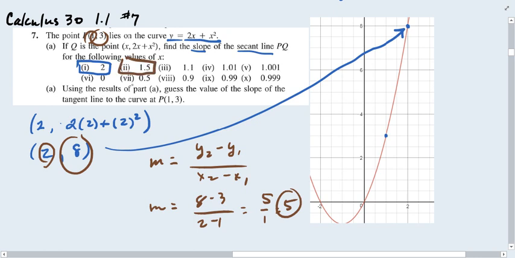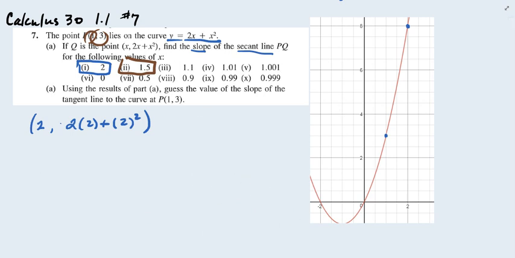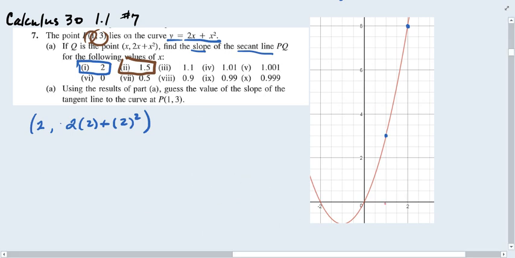What happens if x is 1.5? As you could probably imagine, this is a point that's a little bit closer to our first point. 1.5 would be right about here. Now we're finding the slope between this blue point 1, 3 and this one. 1.5 is going to take a little bit of calculation.